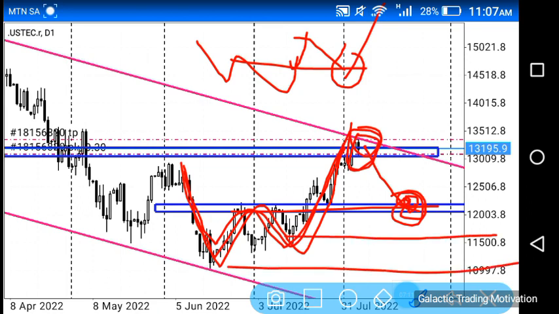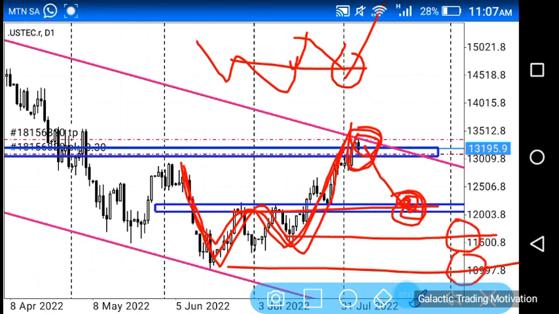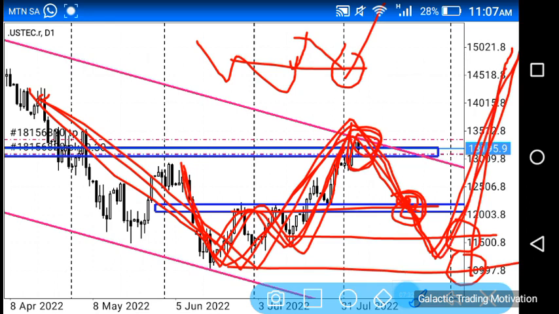The market, as I said, needs to grab some of those liquidity points, and then from there we might see price move up, forming a very nice big W structure in this manner. I hope you guys can see what I'm drawing over here. This is what I would love to see happen.